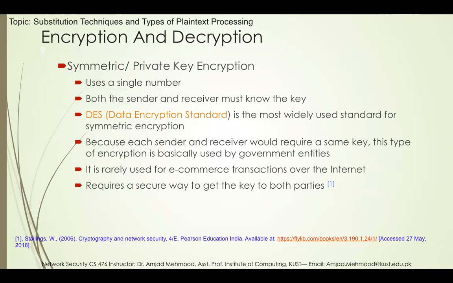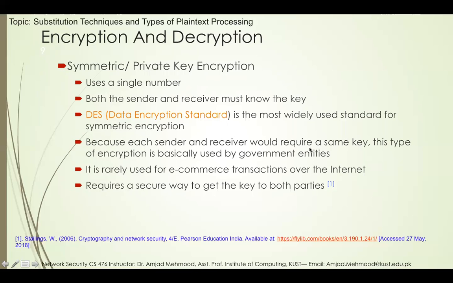Symmetric or private key encryption uses a single key or a number. Both the sender and receiver must know that key. DES, the Data Encryption Standard, is the most widely used standard for symmetric encryption. I'll discuss this in today's lecture while studying block ciphers, because each sender and receiver requires the same key.